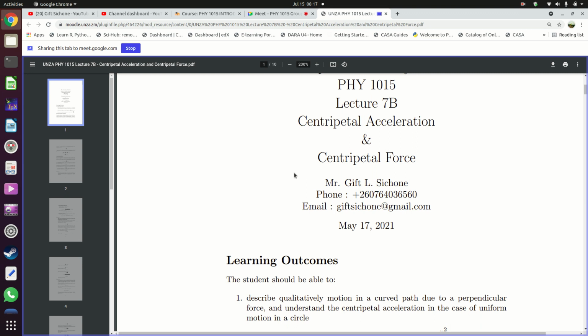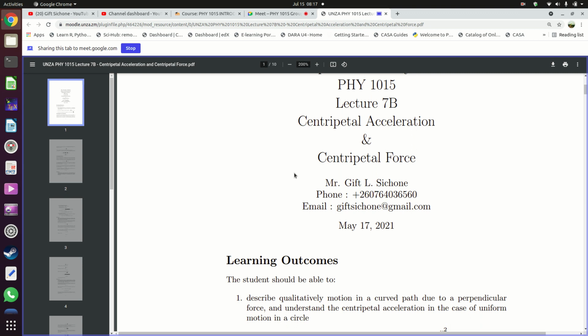Centripetal acceleration is the acceleration an object undergoes as a result of the change in direction as it goes through a circle. So if there is centripetal acceleration, then there must be centripetal force, a force causing the acceleration.